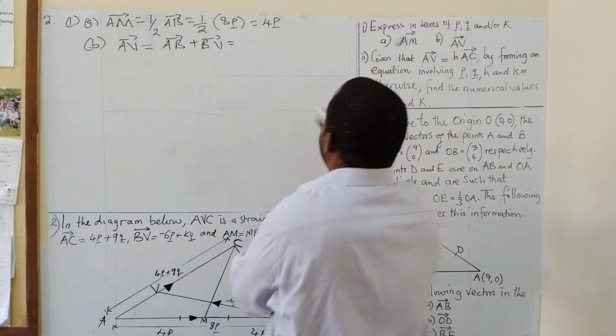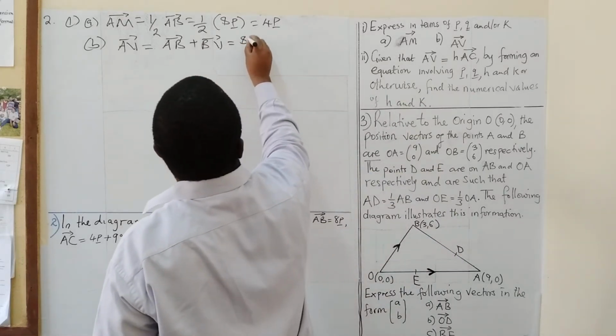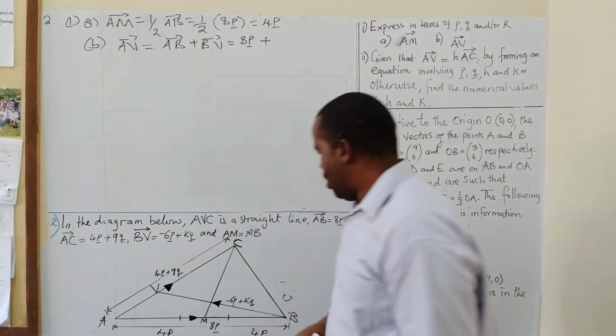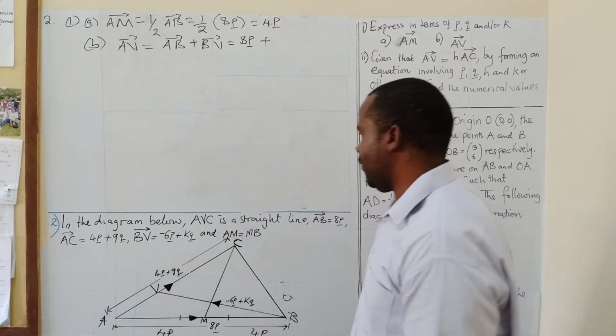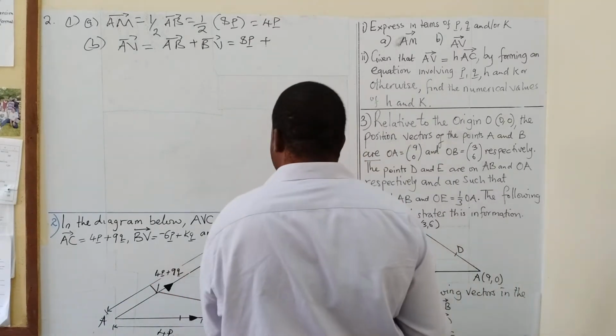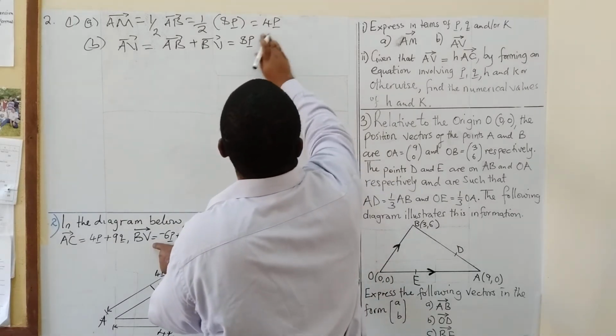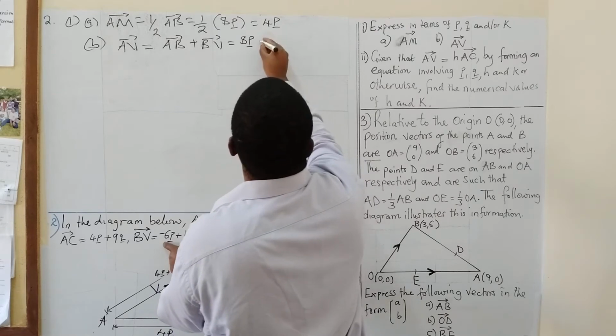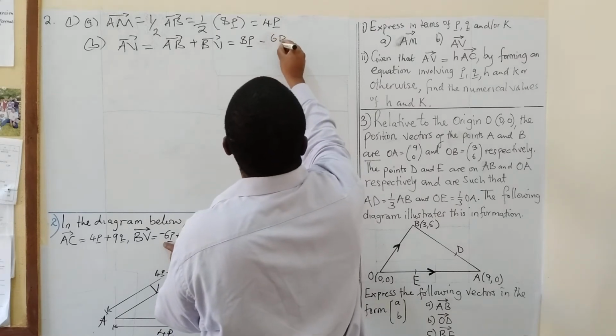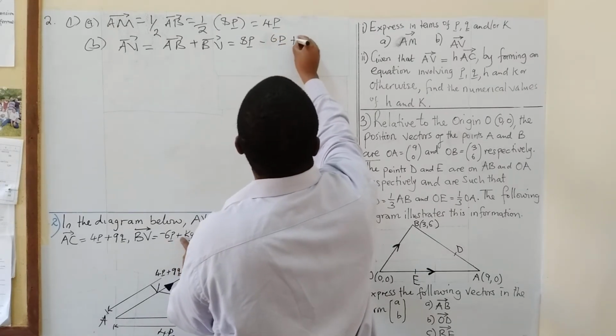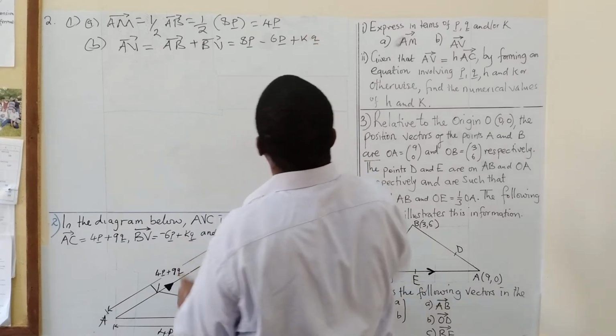Our AB is 8P. Alright? Plus, what is our AV? BV. BV is, because of the minus here, I can even say minus 8P plus KQ.